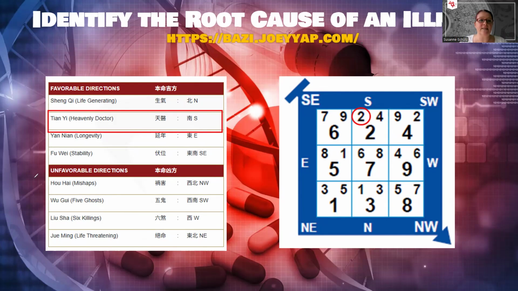Now, if it is the sitting star number 3 and it's affected by a negative external feature and it happens to be in your personal Tian-yi sector, then it has to do with lifestyle factors and unhealthy habits that do not support your health and therefore cause prolonged or recurring health issues.